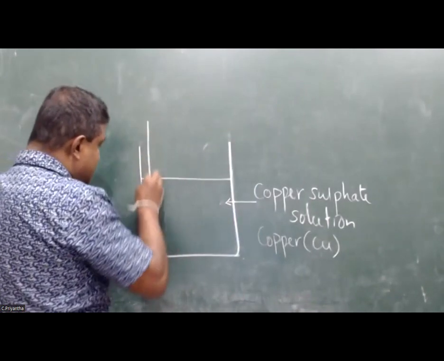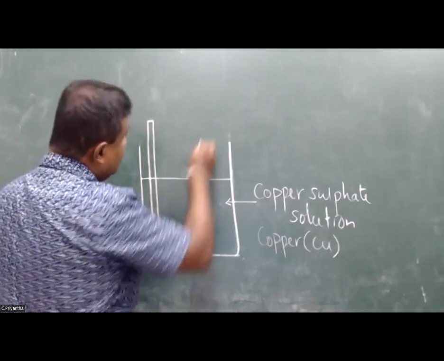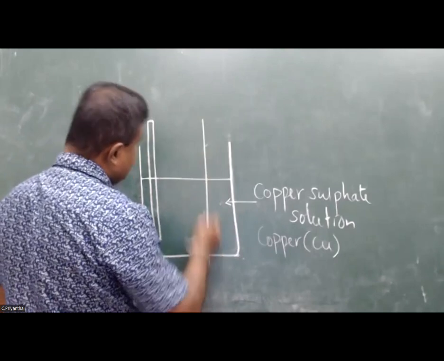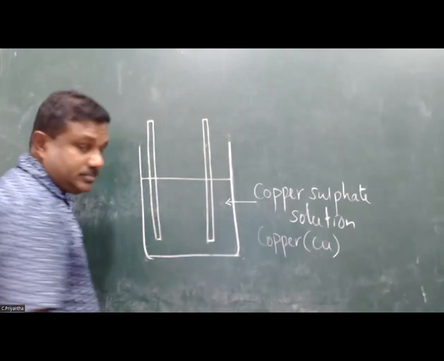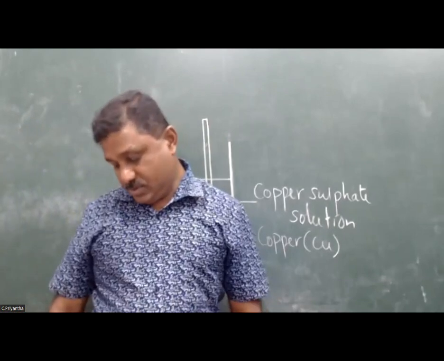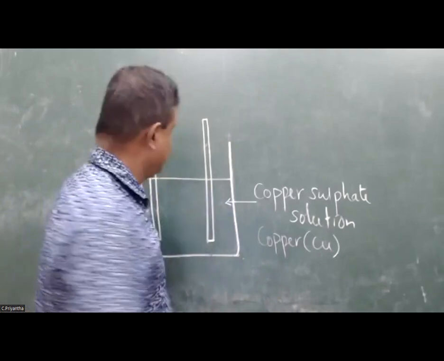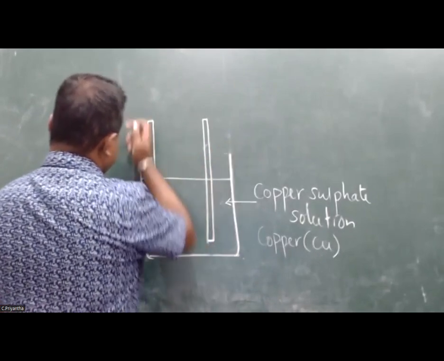Then two metal or graphite rods are inserted. They must be two conductive rods. Here graphite rods are used.